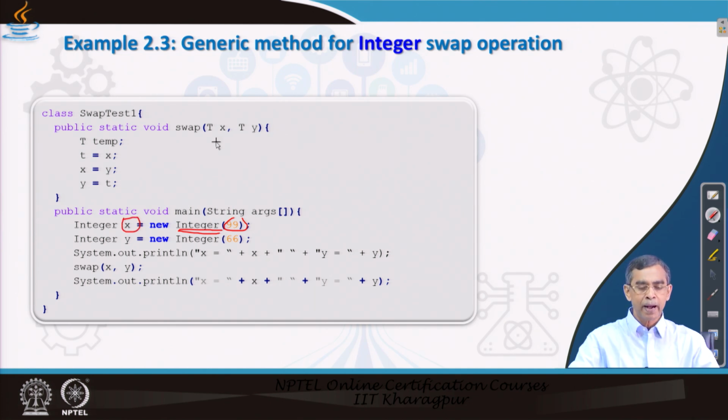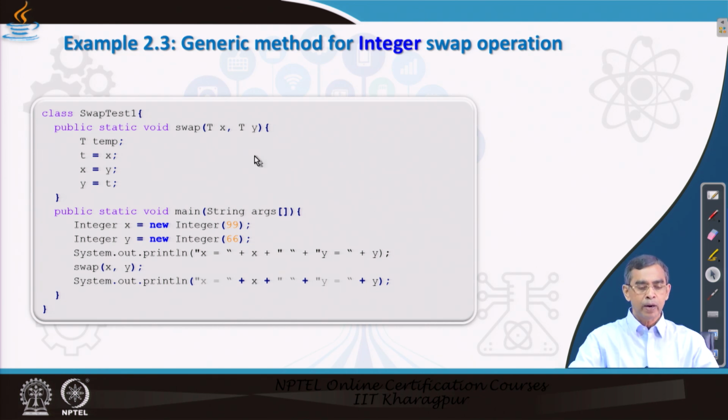Because this parameter T is not a primitive data type like int, float, double, char, it must be an object type. That is why we convert this integer value to its class type and then pass it. For example, swap x y, here x is an object of type Integer, y is also another object of type Integer, then call the swap, and this way this method will work for you.